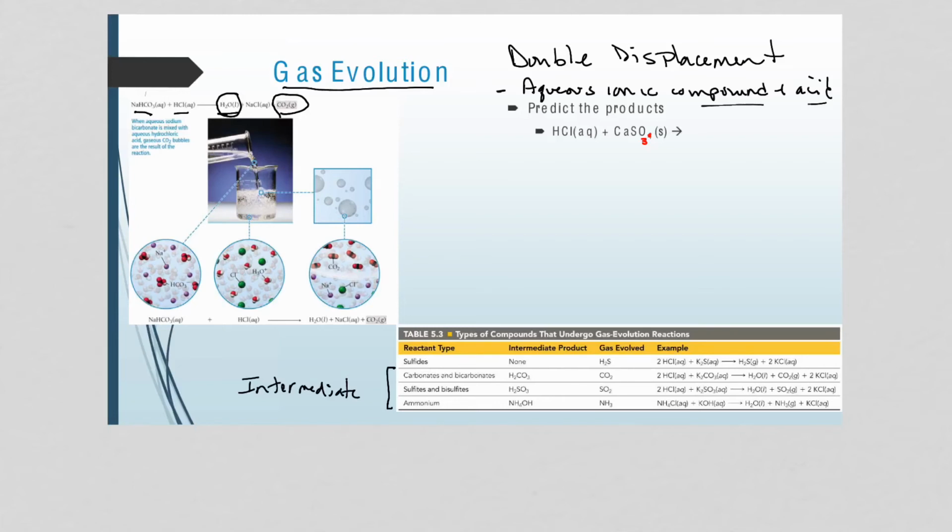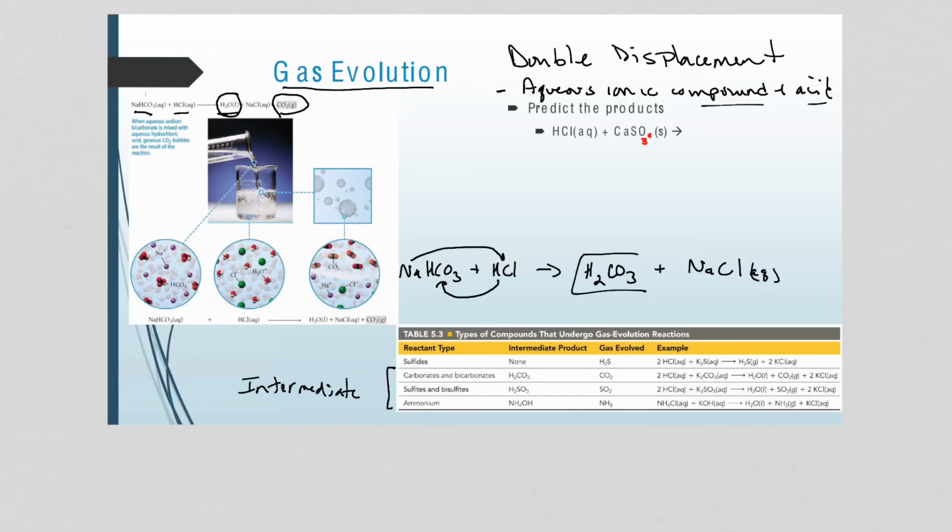So if we take NaHCO3 plus HCl, the initial double displacement would combine the sodium with the chlorine, of course, and the H+ with the bicarbonate ion. And so you get H2CO3 plus NaCl.